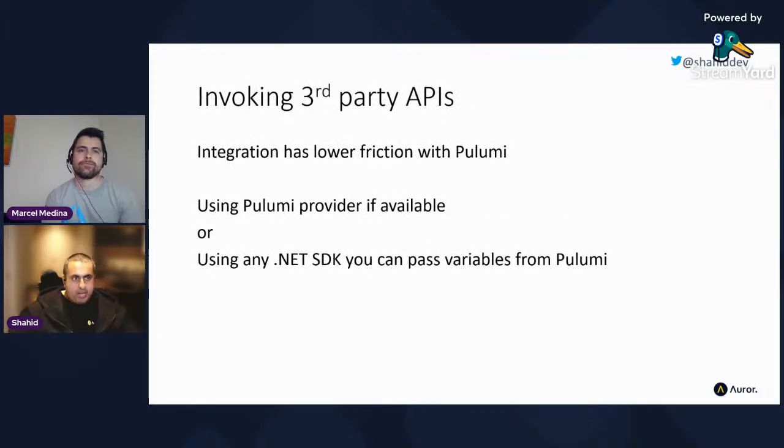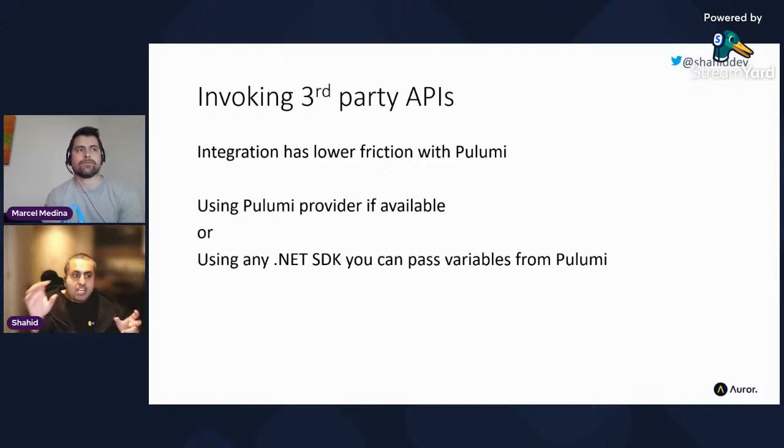One other area where using this general purpose programming language helps is if you want to invoke third-party APIs that don't have a provider. Then you're writing C# code in this example, or we're writing .NET code. So as long as they've got an SDK, I can go and grab their SDK and write code to do that thing the third party needs me to do.